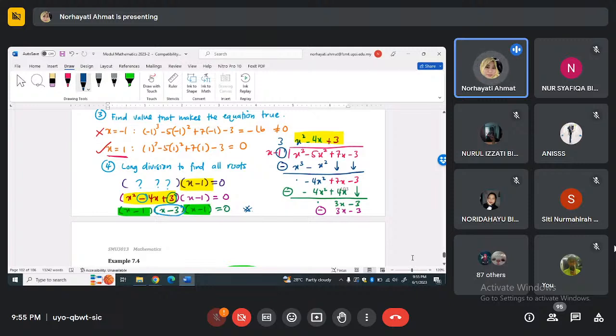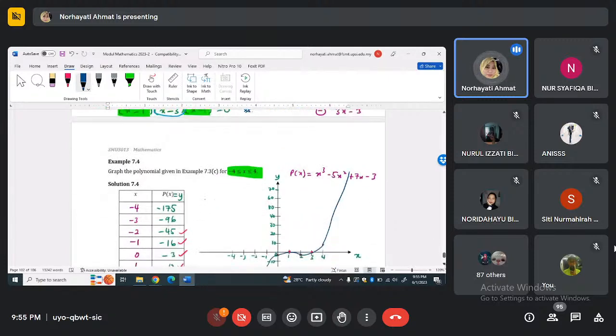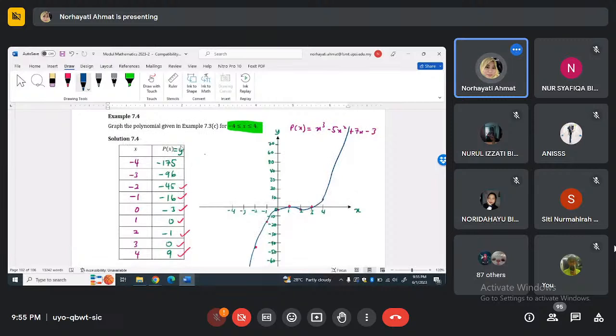So only 2 points, the graph only intercepts the x-axis at 2 points, which is at x equals to 1 and x equals to 3. Okay, macam itulah. So this is the intercept point 1 and 3. So dia tak akan lagi intercept tempat lain. So that's why kita boleh terus gerakkan dia ke atas.